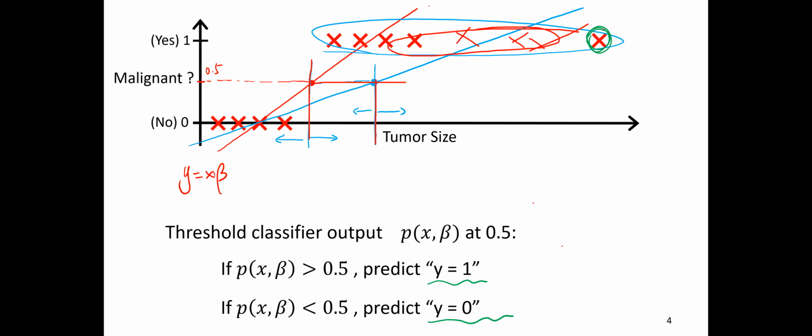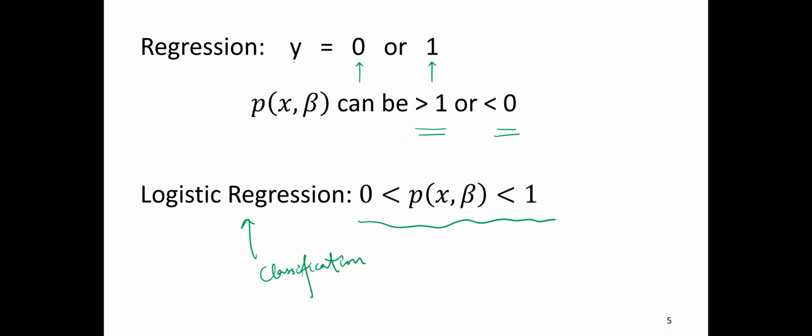Now, suppose we have an outlier over here, then we have some kind of problems. If we use regression to solve this binary classification problem, we have either 0 and 1.